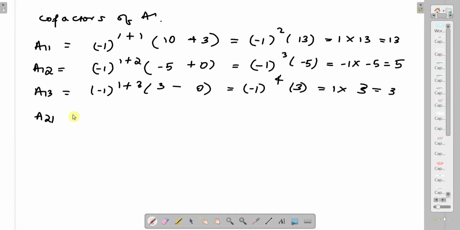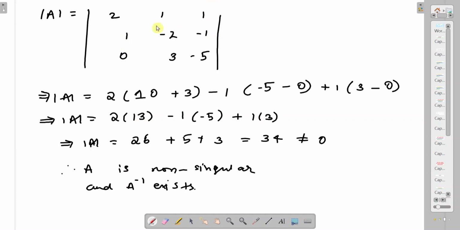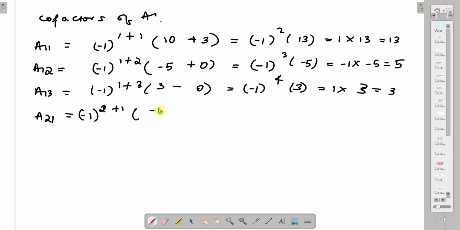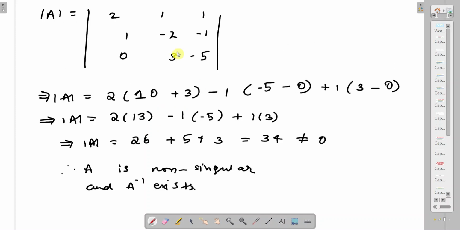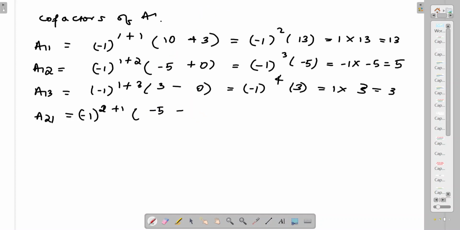Then A21, so minus 1 raised to 2 plus 1 times, you have to hide the second row in the first column. So minus 1 times minus 5 times 1 is minus 5. Then minus of 3 times 1 is 3. So this will be equal to minus 1 raised to 3 times minus 8, right? So this will be equal to minus 1 multiplied by minus 8, which is 8.